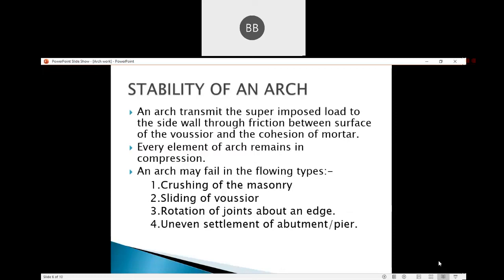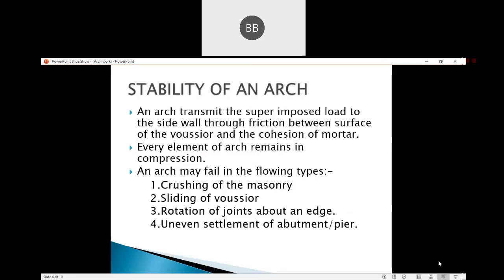This means the force that is relative between the surfaces of the voussoir, which is a brick used to construct an arch, and the cohesion of mortar means the mortar that appears on a brick. Point number 2. Every element of an arch remains in compression because an arch is a curved structure designed to carry load across a gap mainly by compression.